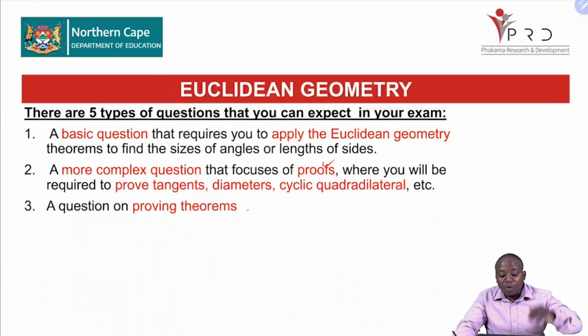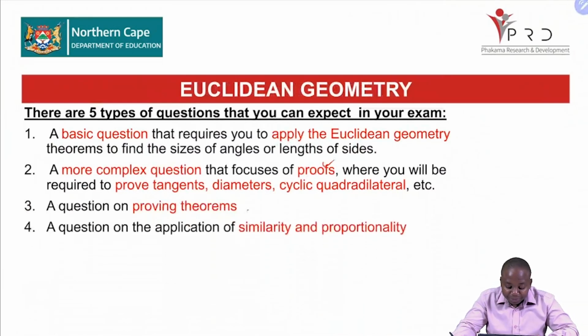Number 2, we are going to be given a sketch which you use, maybe even given the variables, maybe x, y, that you're going to utilize to be able to prove a line as a diameter, to prove that we are having a cyclic quadrilateral, etc. And when we're looking at question 3, it is just a question on proving an actual theorem.